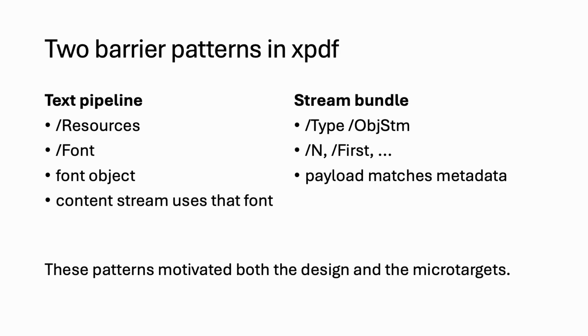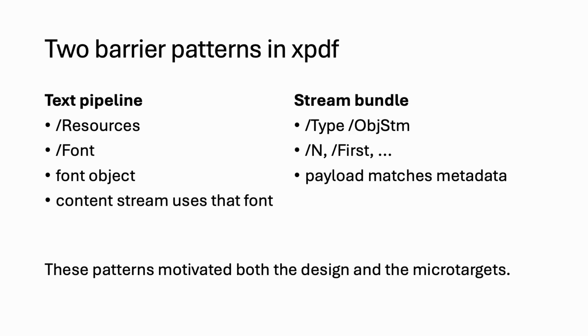So I designed the project after reading some of the XPDF source and trying to figure out where coverage was stalling during phase 1. And the two patterns that I saw show up a lot are a text pipeline, where the PDF tries to extract text, and the other is stream bundles.